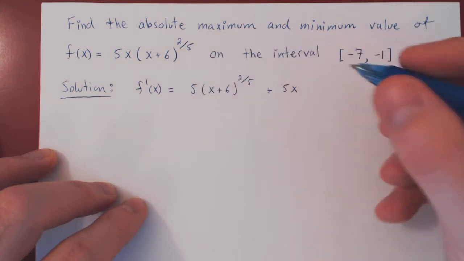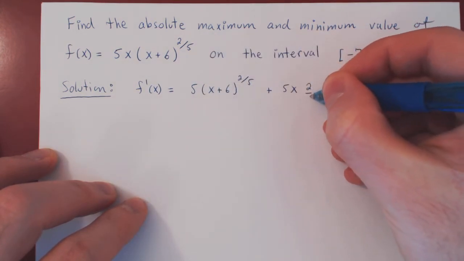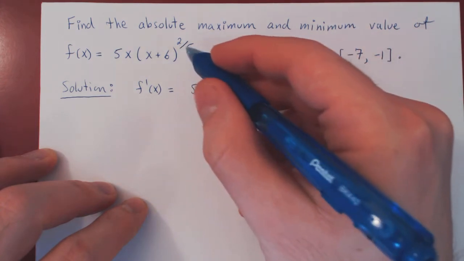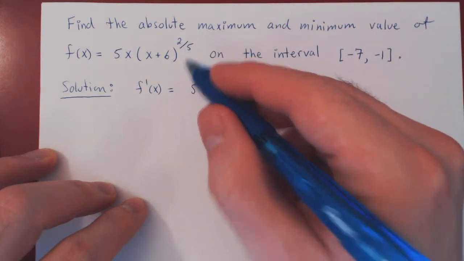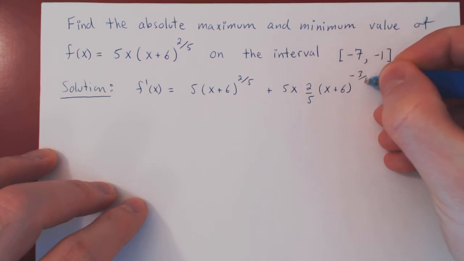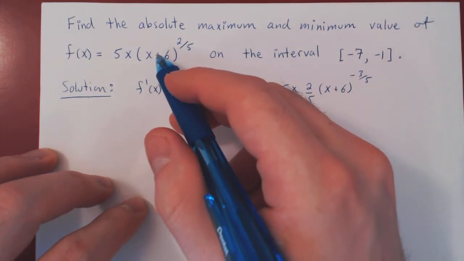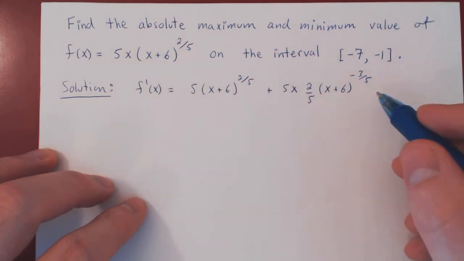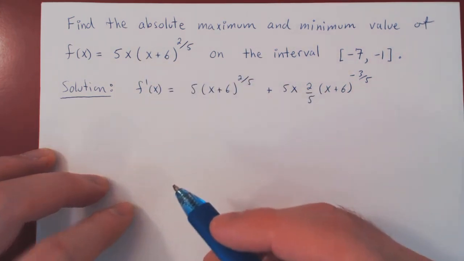Here we use the power rule, so we bring the exponent down, 2 over 5, times (x plus 6) to the 2 over 5 minus 1, but 2 minus 5 is -3, so it's -3 over 5, times by the chain rule the derivative of the argument, but the derivative of x plus 6 is 1. And this is our derivative.